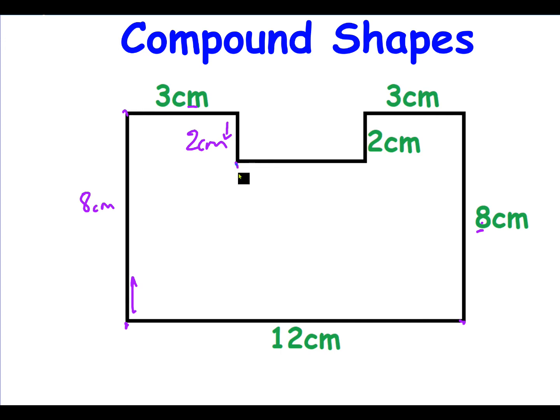Then this gap here is made up of 3 up to there, 3 up to there, so that's 6 out of our 12, so this must be 6 centimetres in that gap. We've got the 2 here, the 3 there, the 8 there, and then the 12 to get back to our start point. So we've walked around the shape and we've filled in the blanks.